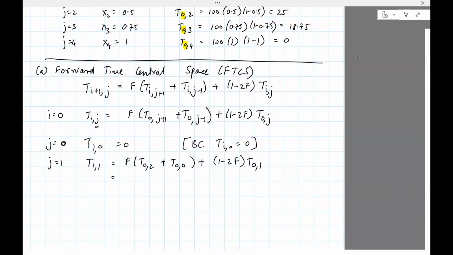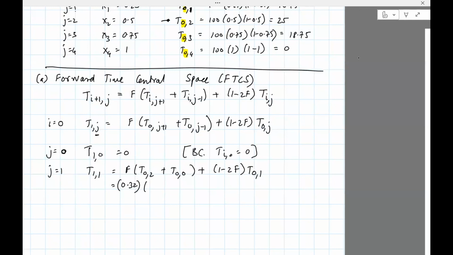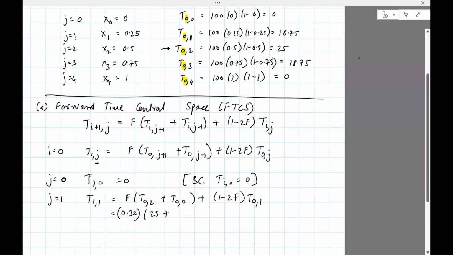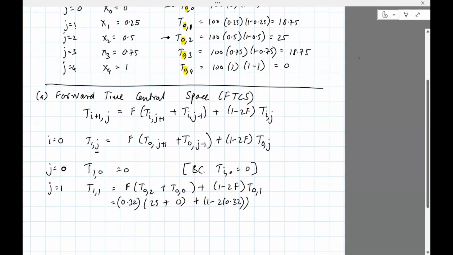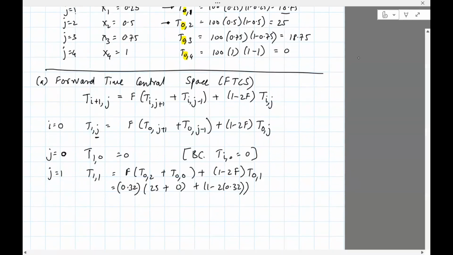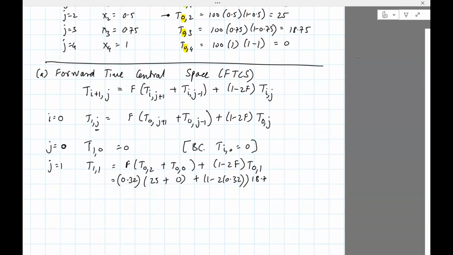F is 0.32, it was computed earlier. T0,2 is available here, 25. T0,0 is available here, it's 0. 1 minus 2 times 0.32. T0,1 is available here, 18.75. Okay, so putting in all those values, you get 14.75.